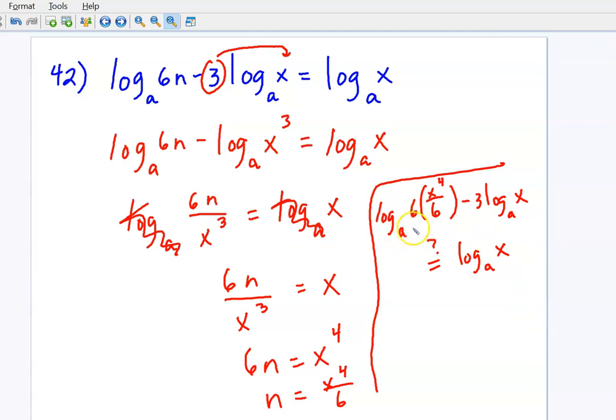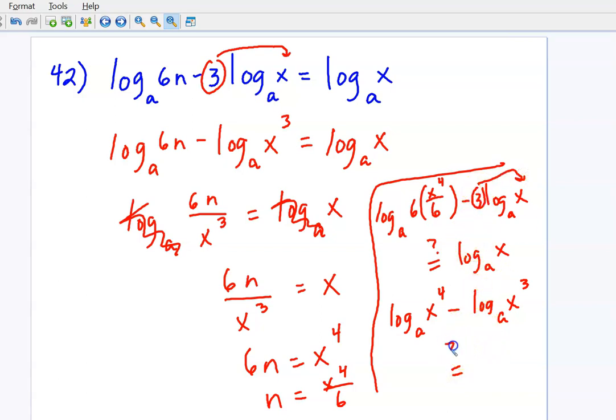Okay, so when I do multiply these together, I'm just going to get log base a of x to the 4th. And this becomes log base a of x to the 3rd, all right, using the power property.